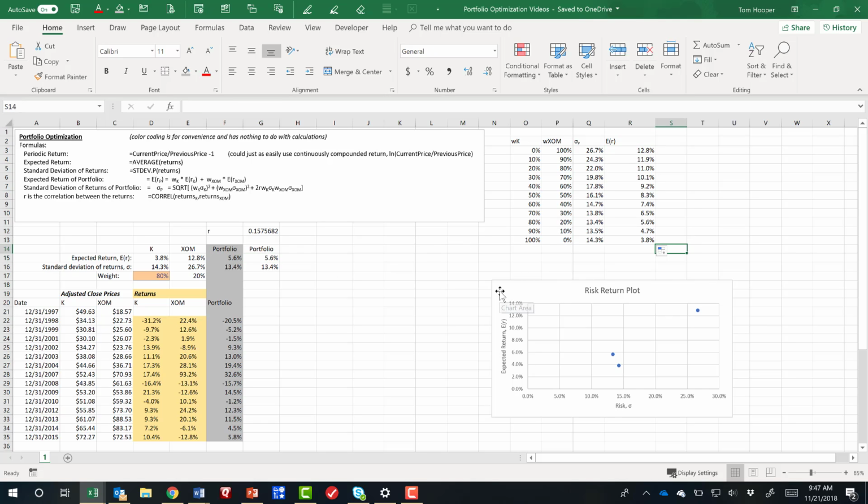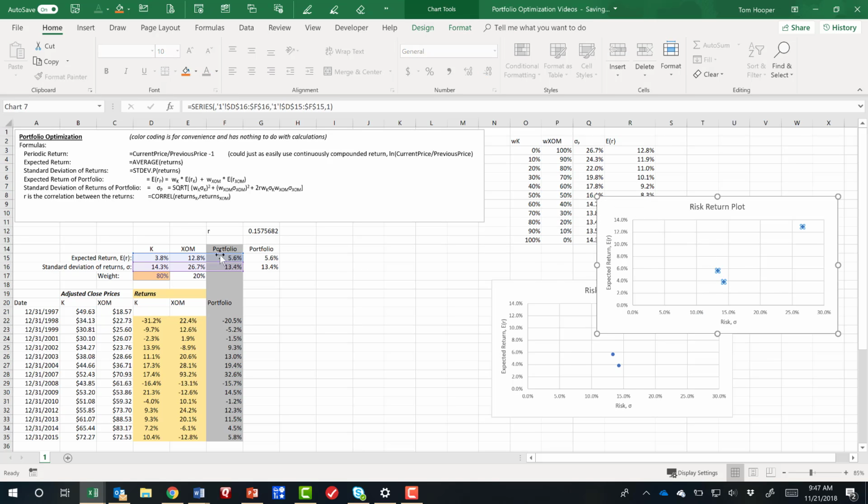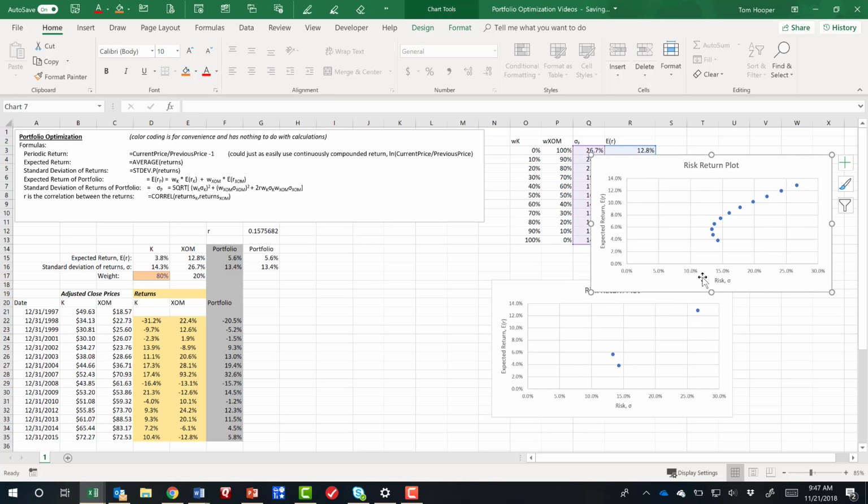If we create a risk return plot for this data, it will look the same. And we can see the whole envelope.